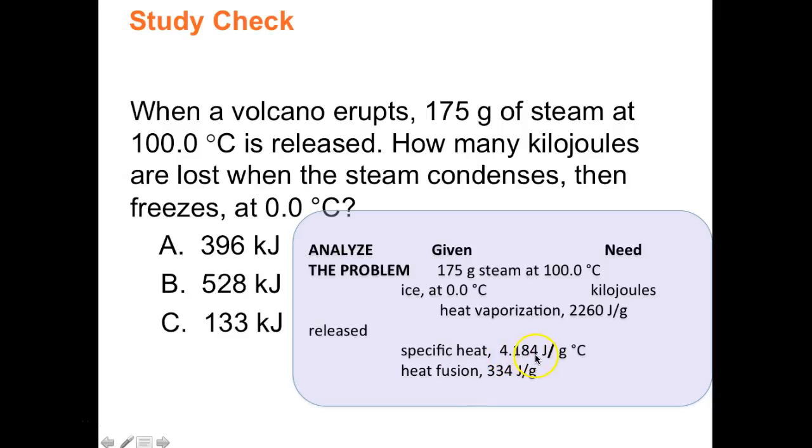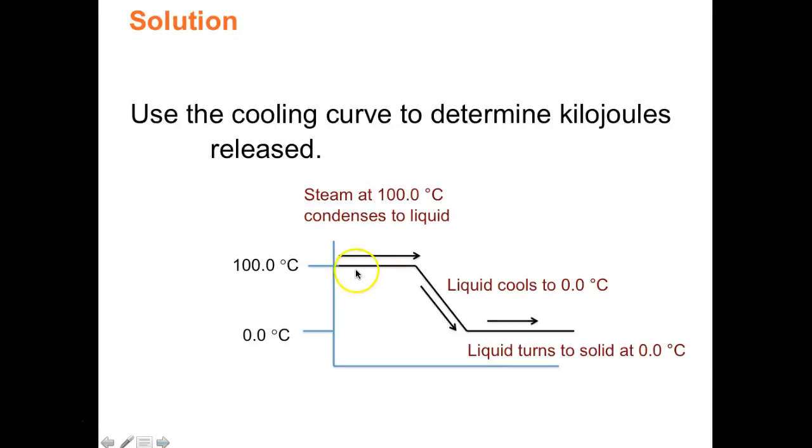The next is, once you've gotten to 0, you have to make it ice. All right, so you have to take the 175 grams of liquid water and make it into ice. So then you'll multiply by 334. So it'll look something like this.